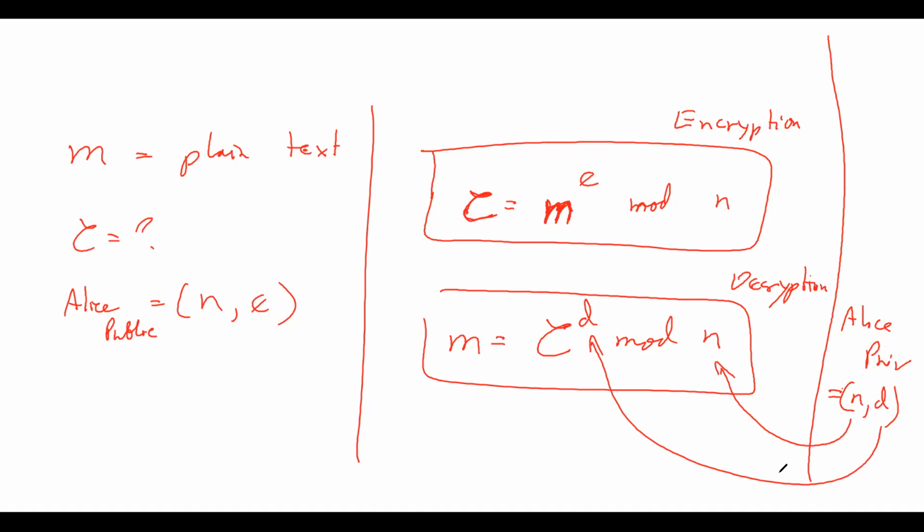She received the cipher, and now she's able to decrypt and obtain the plain text message. And that's it. In a very simplistic view, this is RSA in a nutshell.